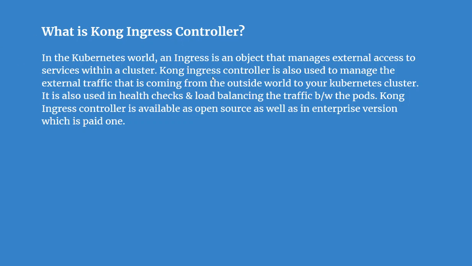One of them is Kong. It is open source, and an enterprise version is also available, which of course is a paid version. It helps us to manage communication between external traffic and our internal traffic to our Kubernetes cluster. It's also used to validate the health check of its targets, and it also load balances the traffic to the pods which are connected. How it's going to get connected, you will see.